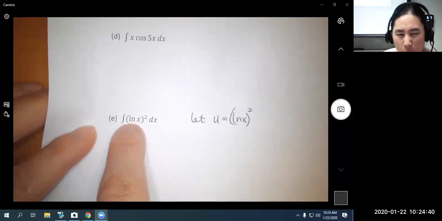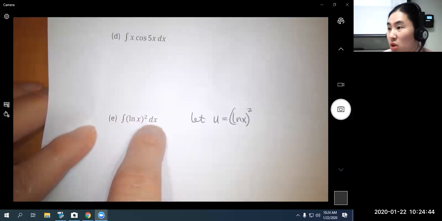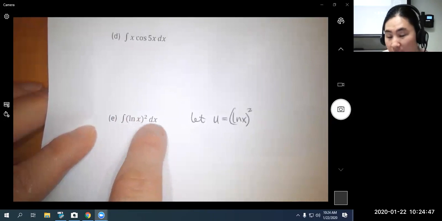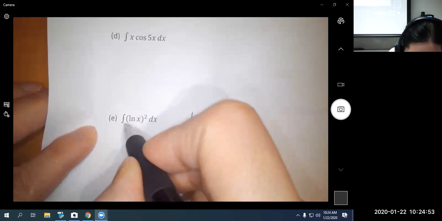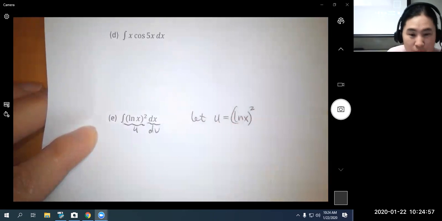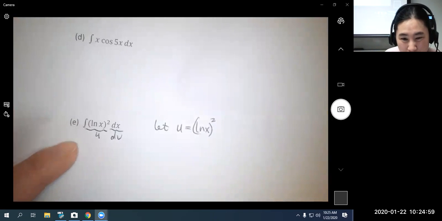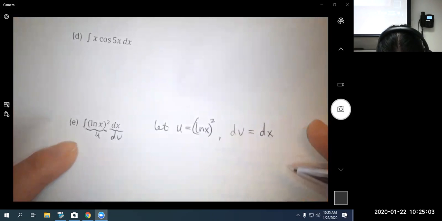So can we let just one ln x be u and the other ln x dx be dv? No, you know that for ln x dx we cannot integrate ln x, right? So here we have to let the ln x squared be our u, and then the leftover be our dv. So u equals ln x squared, dv equals what? dx.